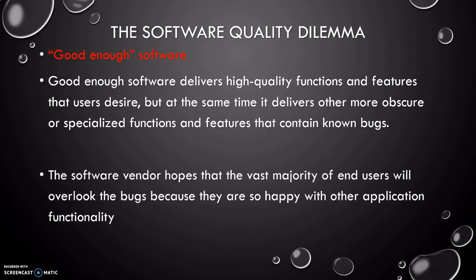The software vendor hopes that the vast majority of end users will overlook the bugs because they are so happy with other application functionality. The software vendor thinks like that, but if it is a major or a fine company or organization, they may sometimes look into the bugs also.